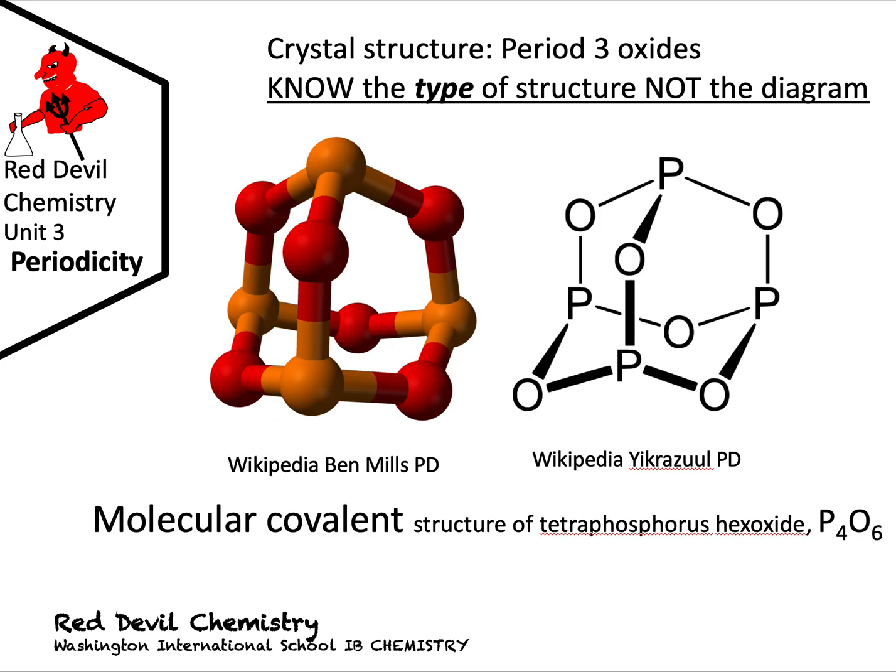And here we have tetraphosphorus hexoxide. So there are 2 different structures that you can have for the oxide of phosphorus. A molecule as well, and that's going to be covalently bonded.